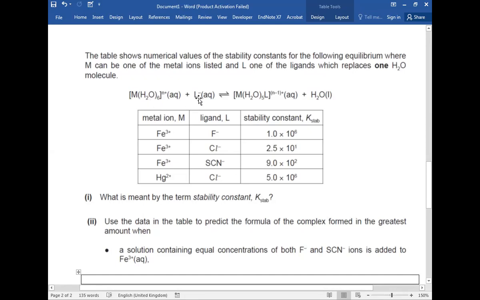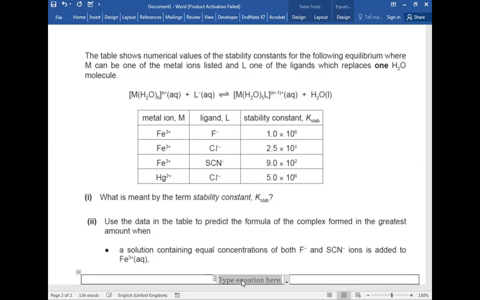So two ligands were present, F minus and SCN minus. Which one will replace water? The one which can form the more stable complex, fluoride. And how many fluoride will replace? Be very careful with this. One. Very good. The values they have given you are just for one.